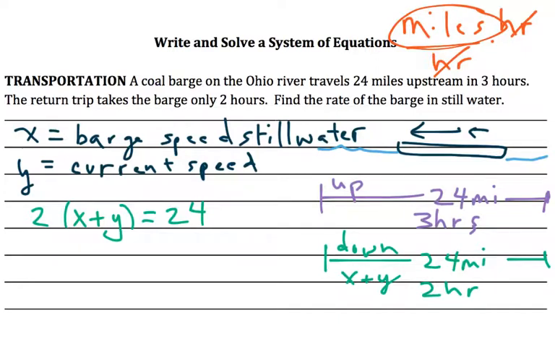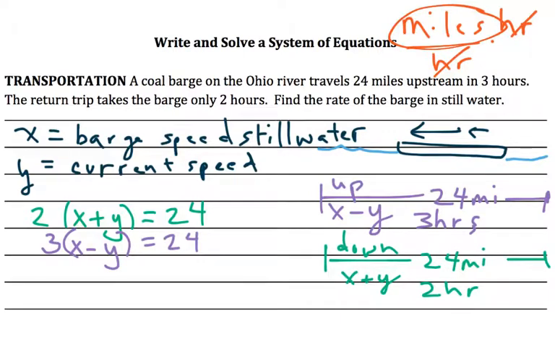So if I look at the other one, well, I know that this one is moving at its speed upstream, but because it's fighting the current, the current is pushing back on it and taking away from its speed. So here I'm going to have x minus y times 3 is going to be equal to 24.